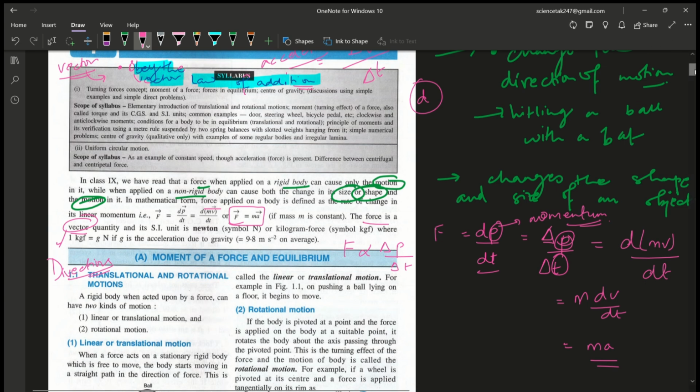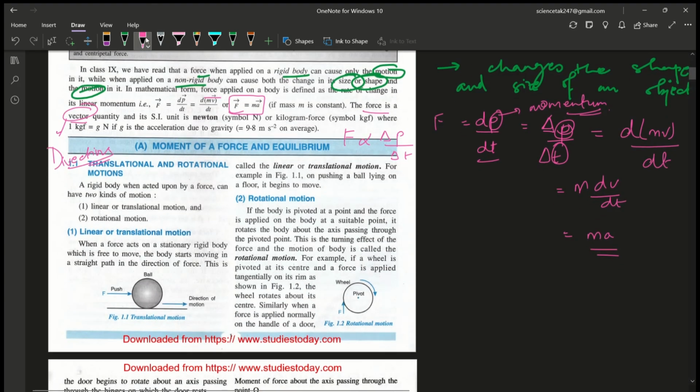Okay, the SI unit, standard international unit, is going to be your Newton or kilogram force. Now, comparison between 1 Newton and kgf is supposed to be done. Now for this, let us consider we have a 1 kg mass.